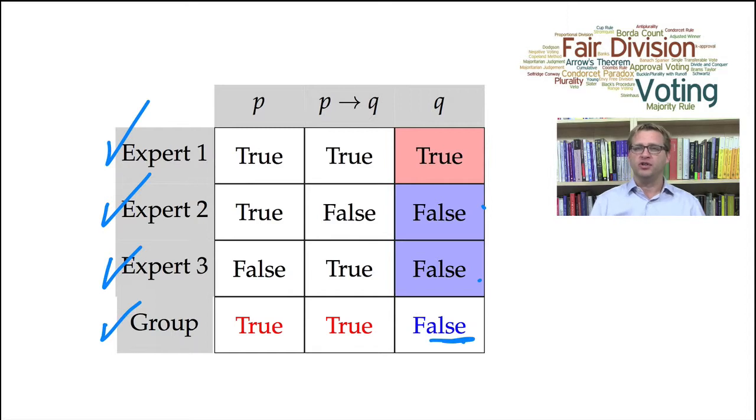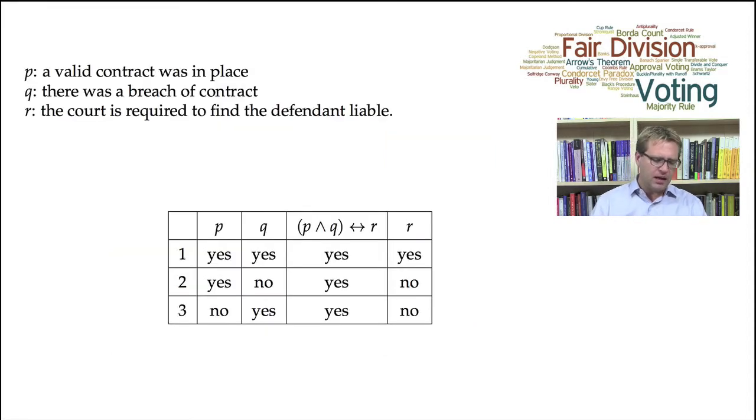Let's look at a different version of the same phenomenon. Now, let's suppose that P is the statement a valid contract was in place, and Q is the statement there was a breach of contract. And let's say R is the statement the court is required to find the defendant liable. Now, let's suppose that the law is you find the defendant liable if and only if a valid contract was in place and there was a breach of contract.